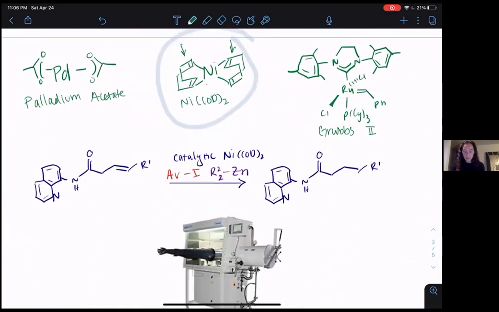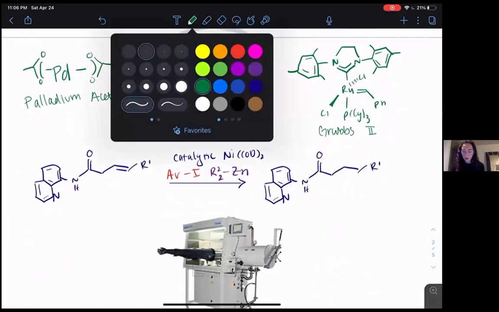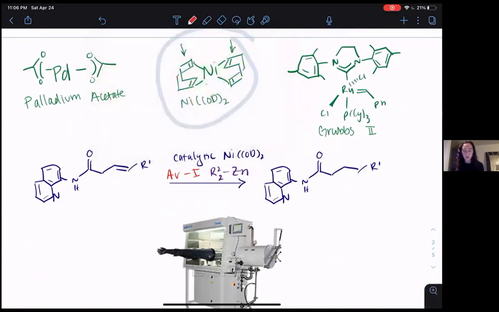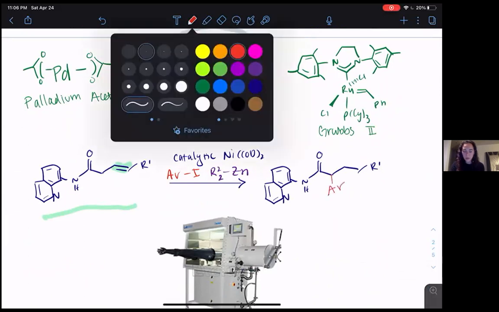So what is nickel cod useful for? One example that our lab has shown is that you can take an alkene, which is a double bond like this, and in the presence of catalytic amounts of nickel cod, which means less than one equivalent per equivalent of starting material, we can take an aryl iodide and an alkyl zinc reagent, and we can put the aryl group here and the alkyl group here.